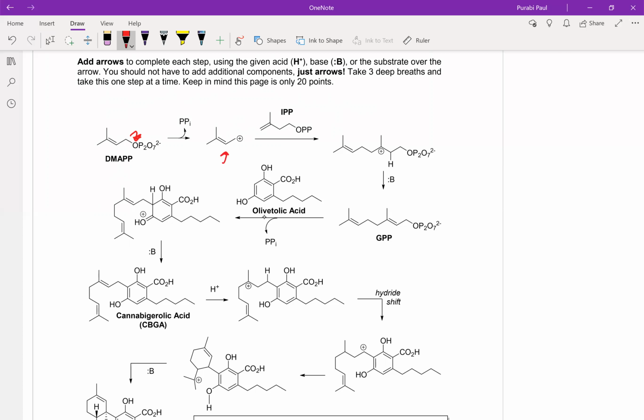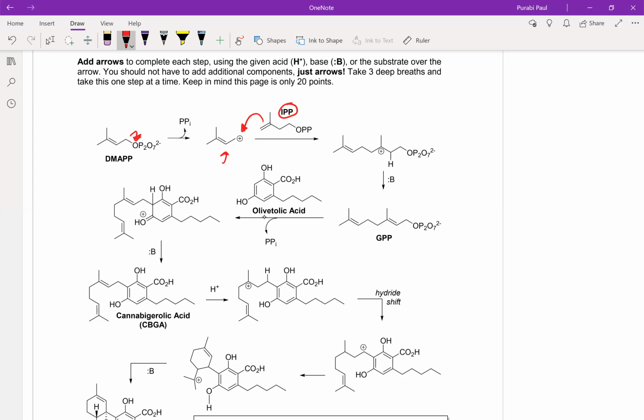So in the next step, what happens is the alkene of another PP, this is IPP, which is just an isomer of the dimethylallyl pyrophosphate, attacks the carbocation. Once it attacks the carbocation, it extends the chain by five more carbons.